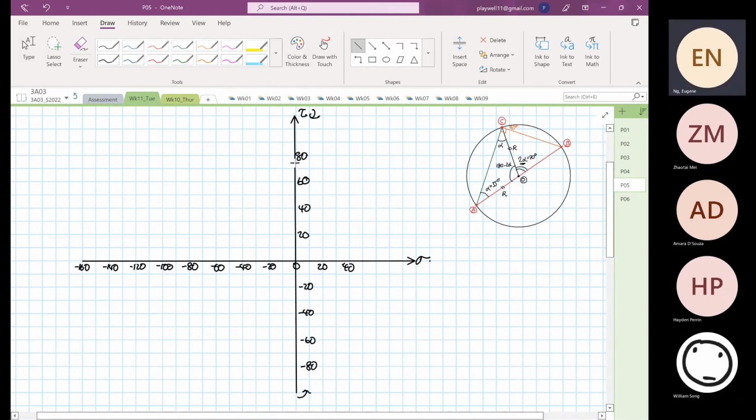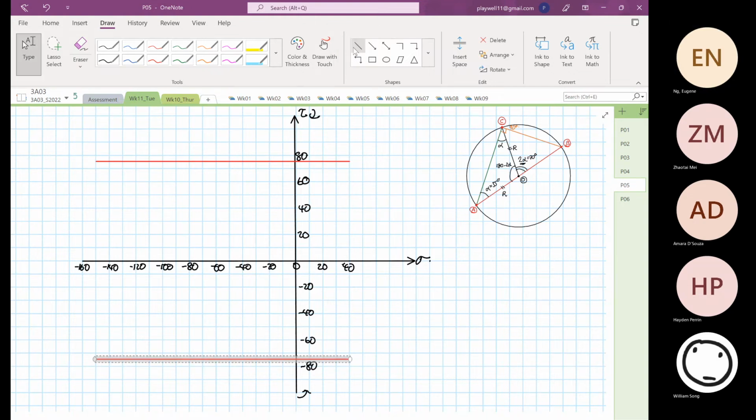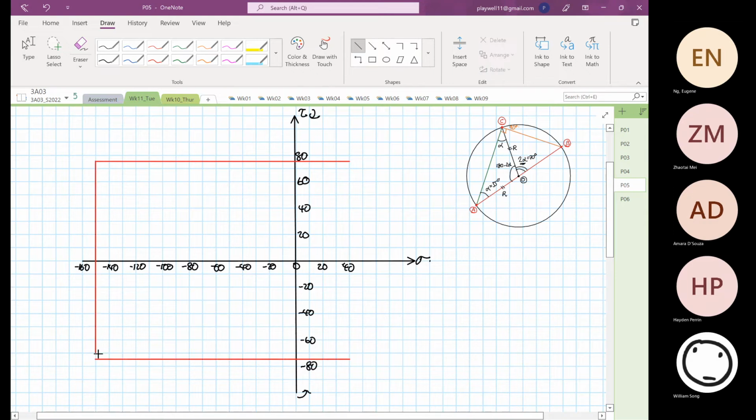Our 75 boundary, and 150. So this is our box.